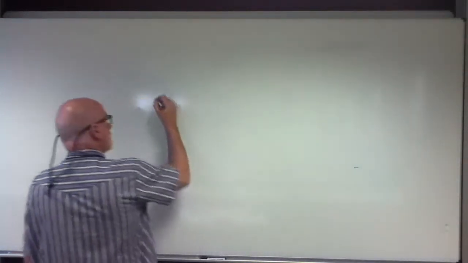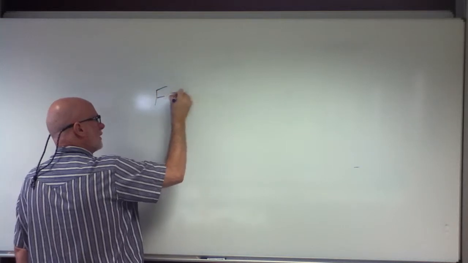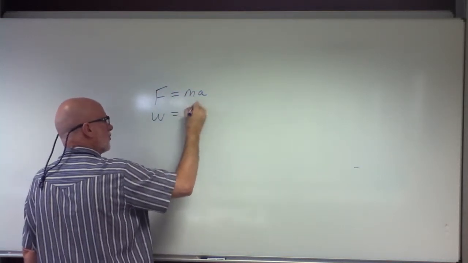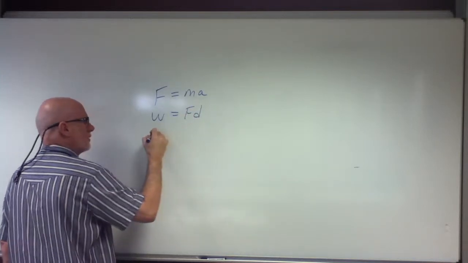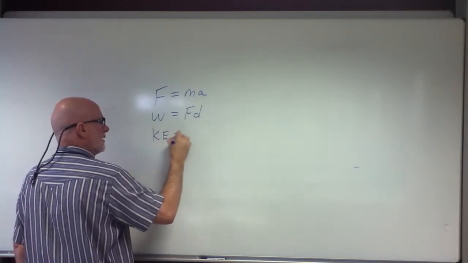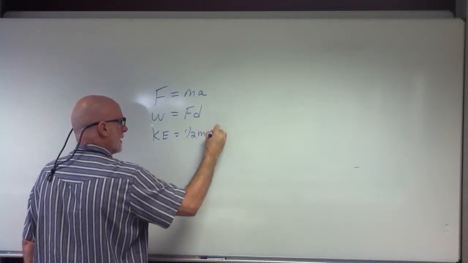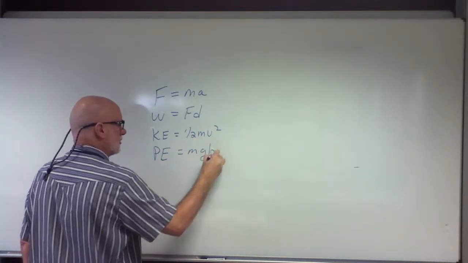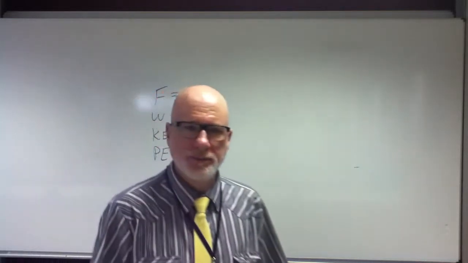Okay, what are the equations that we use? For this, we use force equals mass times acceleration. Work equals force times distance. We have kinetic energy equals 1/2 mv squared. We have potential energy equals mgh. Is that it, pretty much?